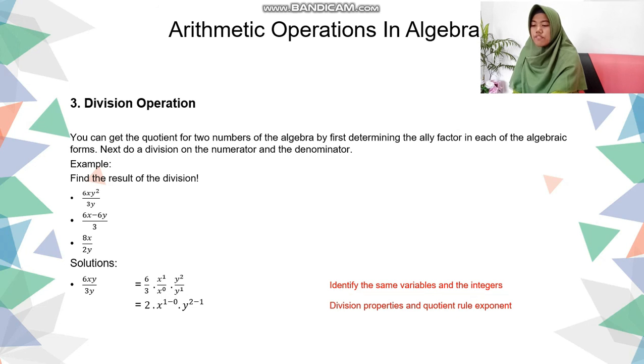Then using division properties and the quotient rule of exponents, equals 2 times x to the power of 1 minus 0 times y to the power of 2 minus 1, equals 2xy.